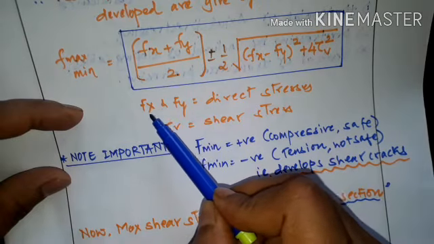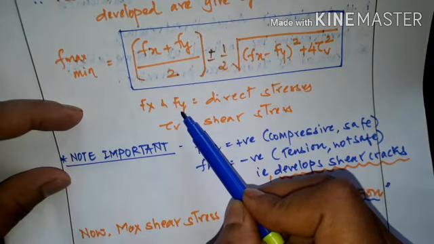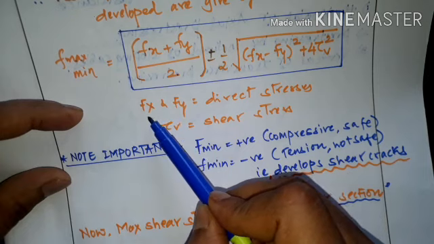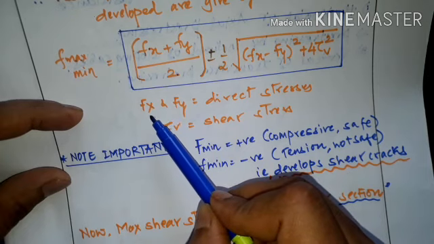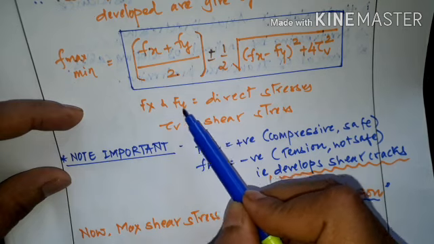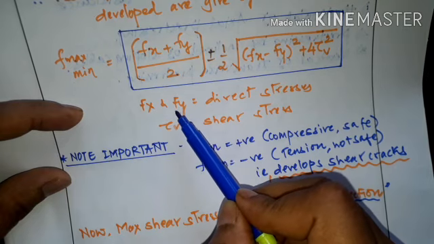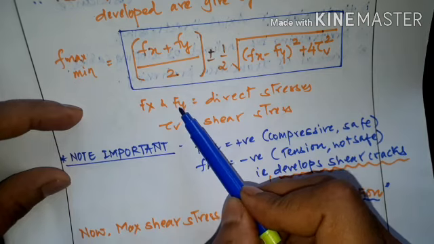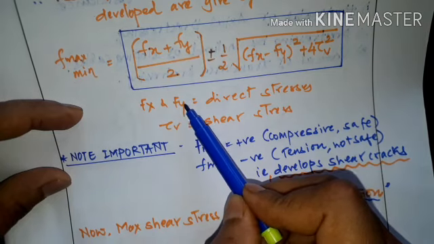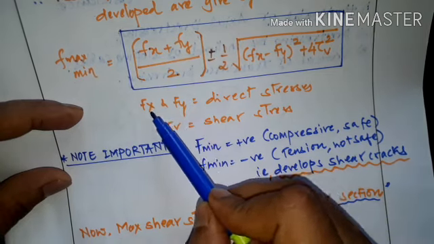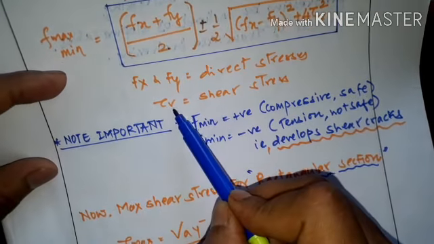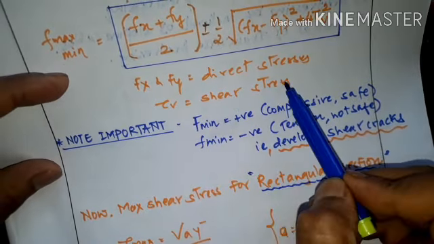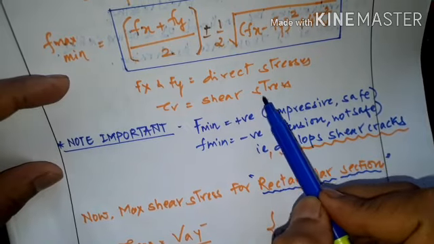Fx means horizontal and Fy vertical. When you provide a horizontal or longitudinal tendon it develops the stress Fx, and when you provide a vertical tendon it develops the vertical stress Fy. Tau v is nothing but the shear stress developed in the material.